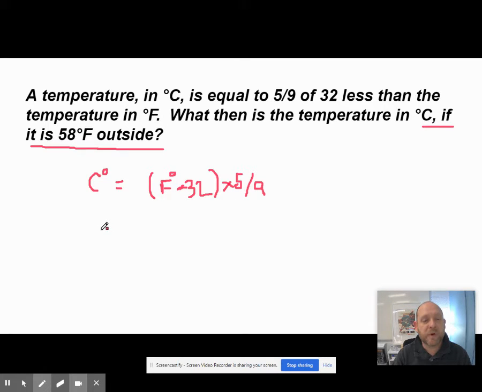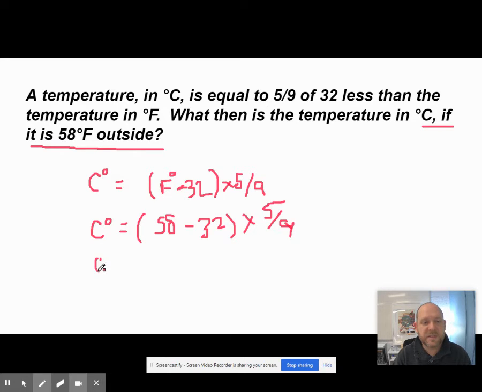It's an equation, because I've got something I'm looking for over on the other side of the equal sign. So I'm going to take my 58 degrees and plug it in for F, because this is the degrees Fahrenheit. Minus 32, times 5/9, and that should give me my degrees in Celsius.